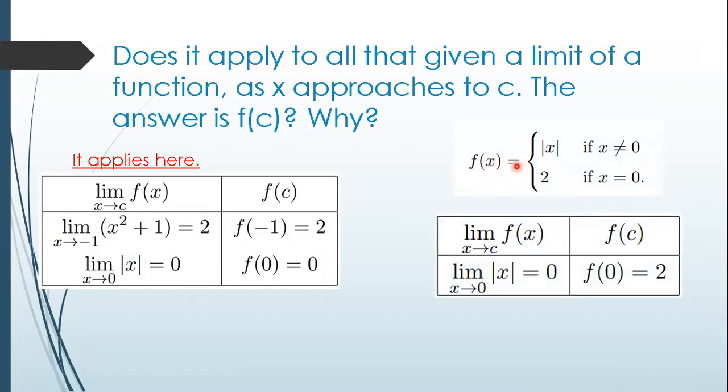Given f of x is equal to the absolute value of x if x is not equal to 0, and f of x is equal to 2 if x is equal to 0. Therefore, the limit of f of x as x approaches 0, the limit of the absolute value of x as x approaches 0, is equal to 0. But our f of 0 is equal to 2 based on this piecewise function. And we can say that it does not apply here.